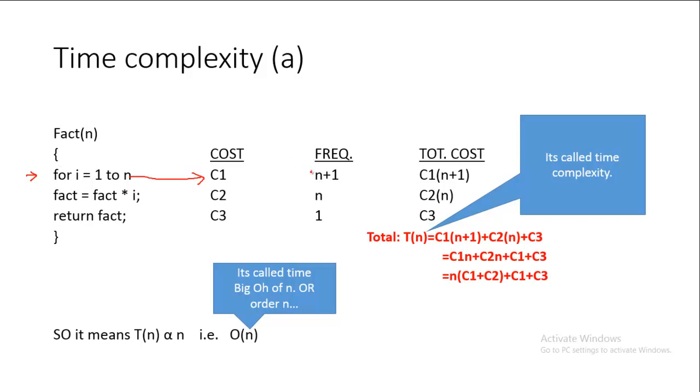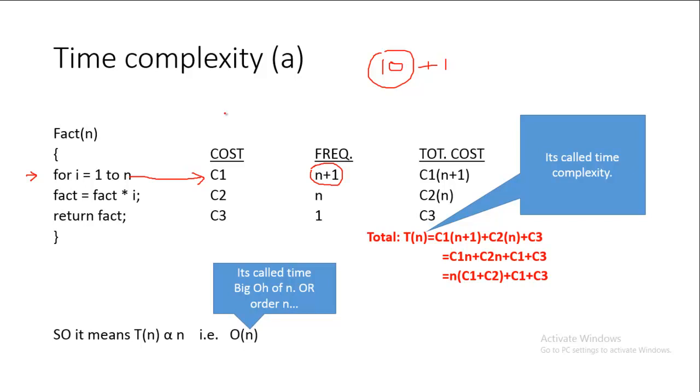Well, the outer loop is always executing n plus 1 times. Why? Because, for example, if we have 10 values inside the computer, your for loop will execute 10 times. But why plus 1? The plus 1 is because it executes one more time for the condition to become false.